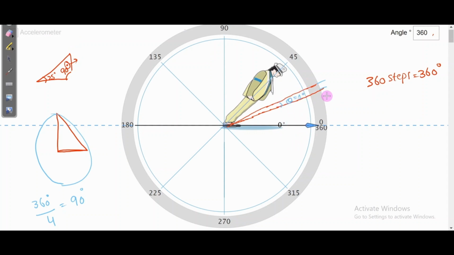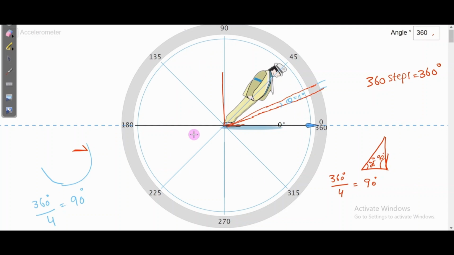So we convert this whole circle into 360 parts, and each part makes 1 degree. Therefore, this whole circle is making 360 degree. So for each step, we write 1 degree, and for 360 steps, the degrees will be 360.